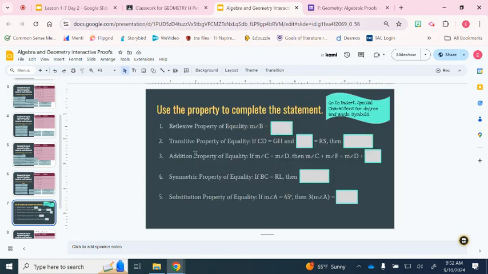Here is where you're going to complete these statements using the given properties. This one, this one, this one, and this one, 2 through 5, are in your foldable. I think one is, but I can't remember off the top of my head. You might have to Google that one, but it's going to be a very helpful property coming up here, okay?